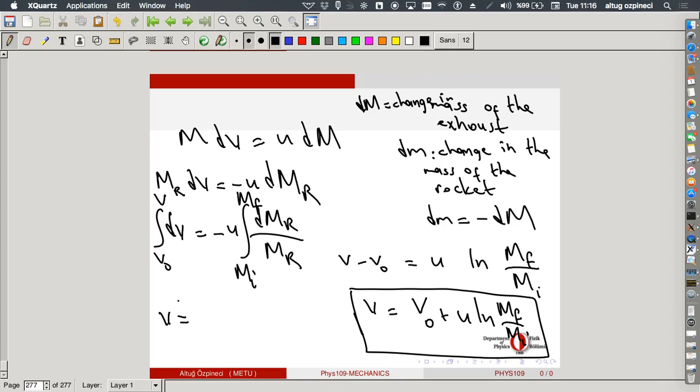And we obtain v is equal to v0 minus u logarithm of m final over m initial, or v0 plus u times the logarithm of m initial over m final. Now it makes sense. Because the final mass will always be less than the initial mass, so the logarithm of m final over m initial is always a negative number, so the final velocity will always be larger than the initial velocity.